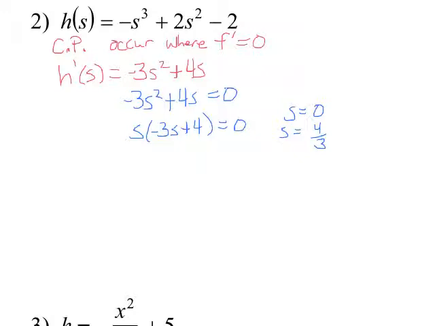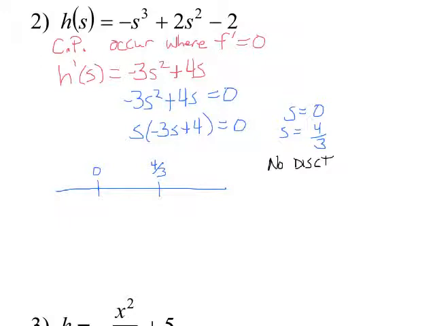We have no discontinuities, so the only intervals that we need to test are around the 0 and the 4/3. So the way I do this is I make a number line with 0 and then 4/3, and I test values for this.